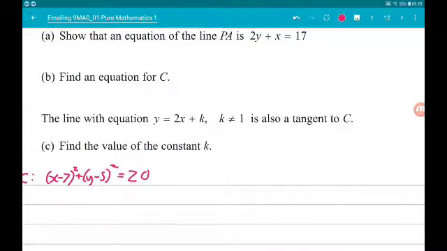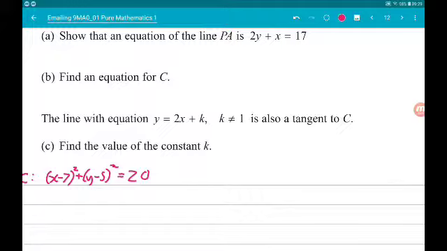Okay, then for part C, we are told the line with equation y equals 2x add k, where k is not equal to 1, is also a tangent to C. We want to find the value of the constant k.